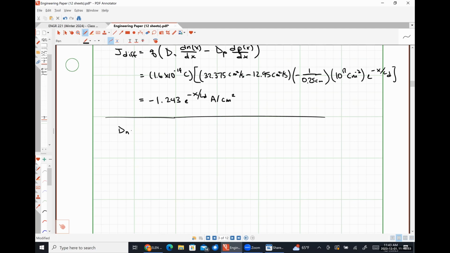The ratio of our electron diffusion coefficient divided by our electron mobility is equal to kBT over Q. And similarly, our hole diffusion coefficient divided by our hole mobility is equal to kBT over Q.